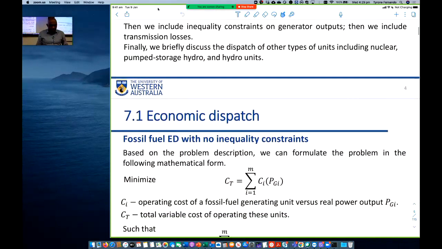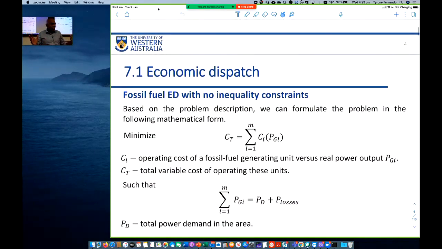If we have 5 generators, let's say generator 1 and generator 2 are cheaper, they will be used for base load. For generators 3, 4, 5, we say, okay, take this much from generator 3, this much from generator 4, and this much from generator 5, because that will provide us the least cost to provide that load.